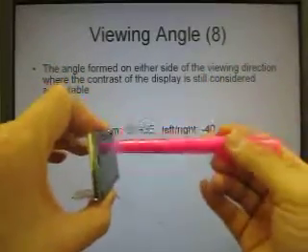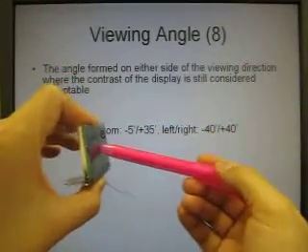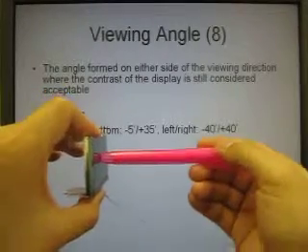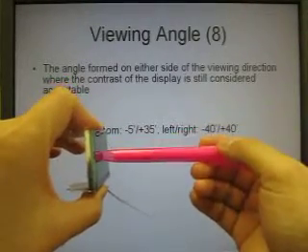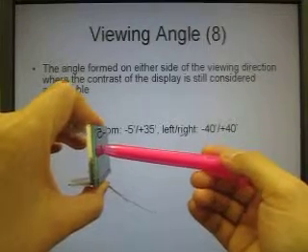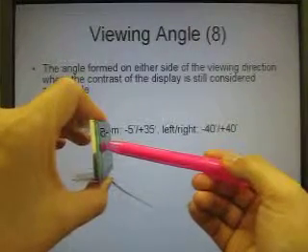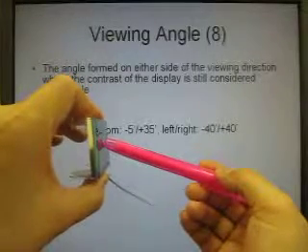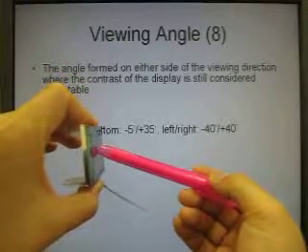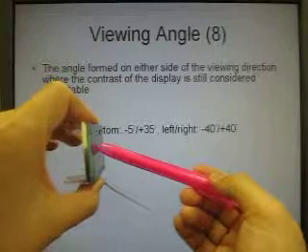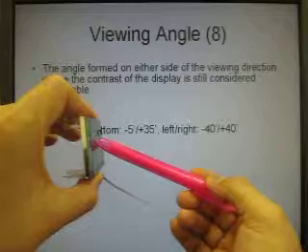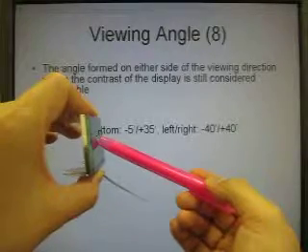The bottom is 35 degrees. That means from the perpendicular direction, at 35 degrees you can still see the display. But if you increase the bottom angle from 35 degrees to 40 degrees, you cannot see the display. The contrast is pretty low.